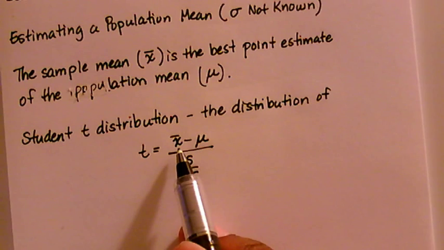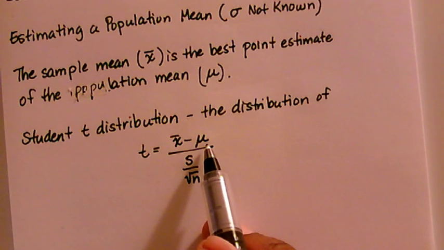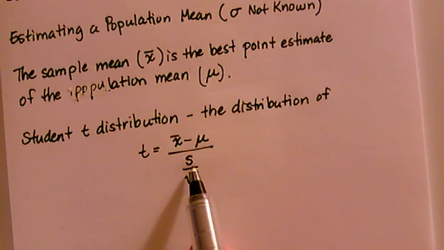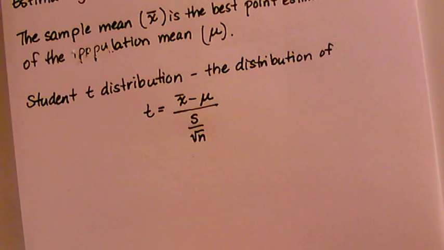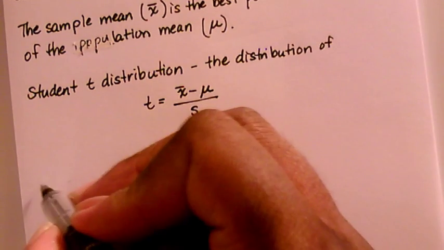So here x bar is going to be your sample mean, mu is the population mean, lowercase s is your sample standard deviation, and n is the sample size. So that's the student t distribution of all sample sizes n, and it can be referred to as just simply the t distribution. And in a student t distribution, you have something called degrees of freedom.